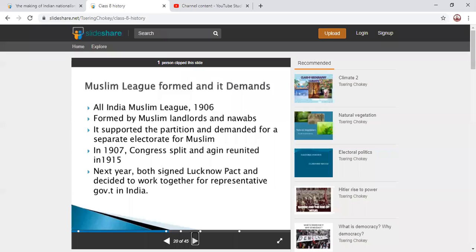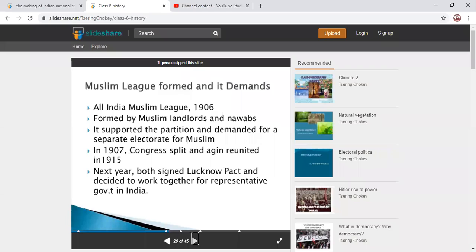Separate electorates. Under the leadership of Salimullah Khan, the Muslim League raised the issue in front of Lord Minto, the Morley-Minto reforms. Their complete name was Morley-Minto.